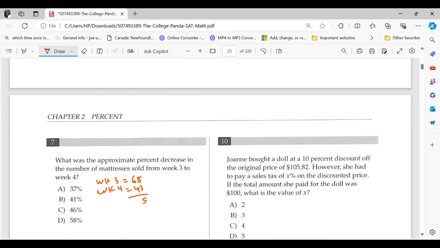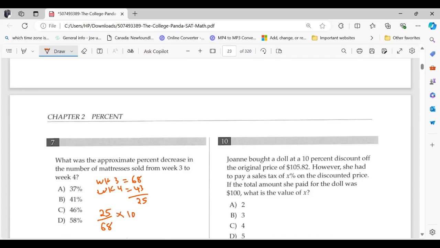So what's the difference here? A decrease from 68 to 43. It's short by 25. So that's 25 decreasing from the 68. It was formerly 68. It dropped to 43. So we have a decrease of 25.